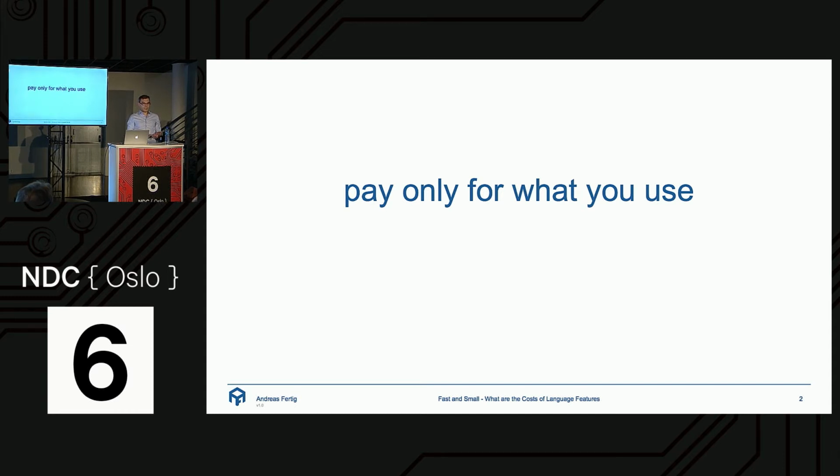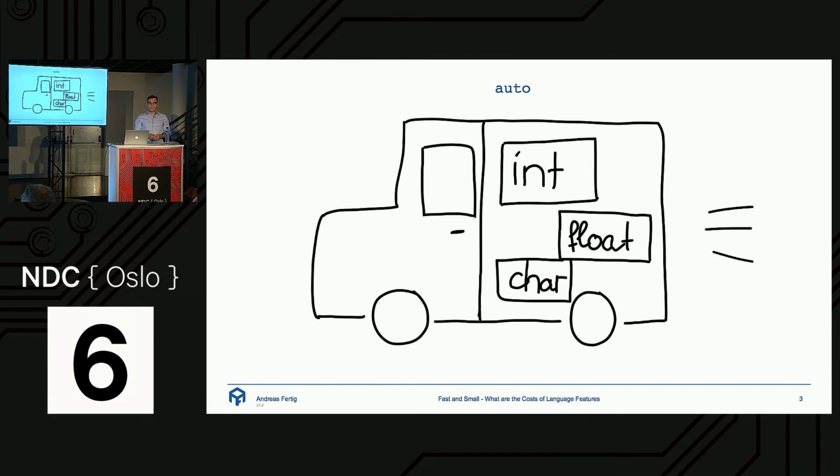Even with a good reason to use a feature or a library, it matters what's behind it. So what I will show you in this talk are various hand-picked selected language features, and I'd like to give you a few behind the scenes, so how do they work internally. So this should help you to decide which one to use or in which area you would like to use it. Let's start with an easy one, auto.